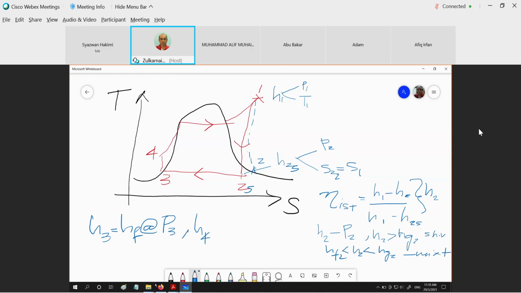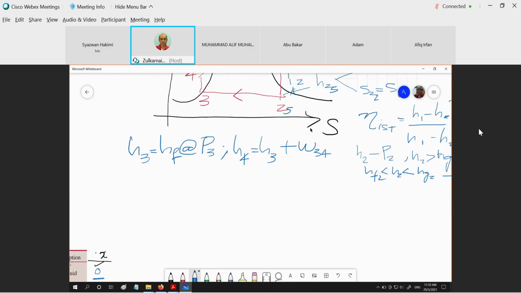The H4 is equal to H3 plus W34. What is W34? W34 is equal to V times (P4 minus P3), equal to 0.01 times (P4 minus P3).